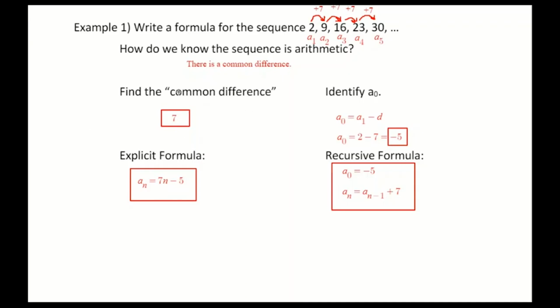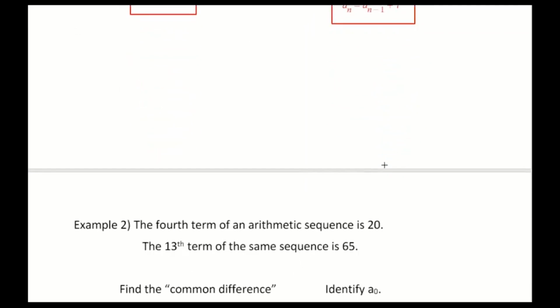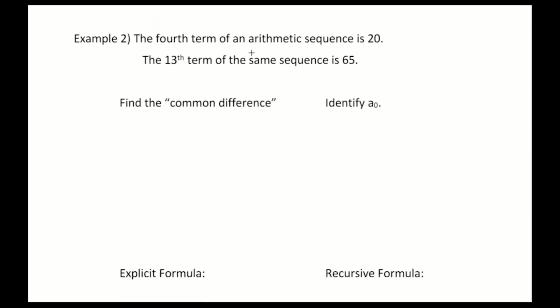So that's one example here. I give you a sequence, and you can give me the explicit formula and the recursive formula that would generate that sequence. And this is specifically an arithmetic sequence because it has that common difference. Let me show you another example where I don't give you the whole sequence, but instead I give you two terms of the sequence.